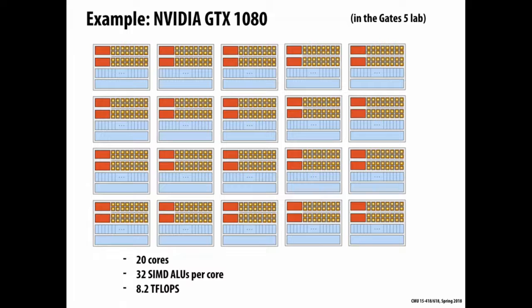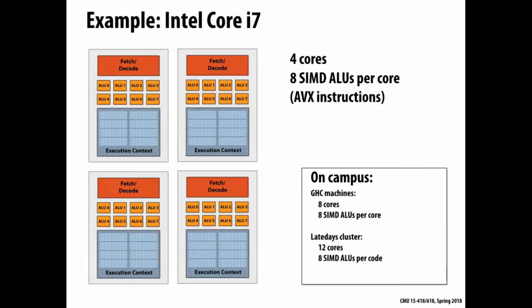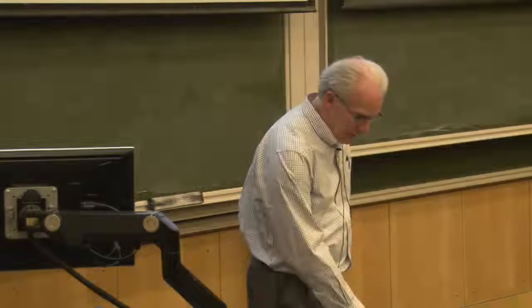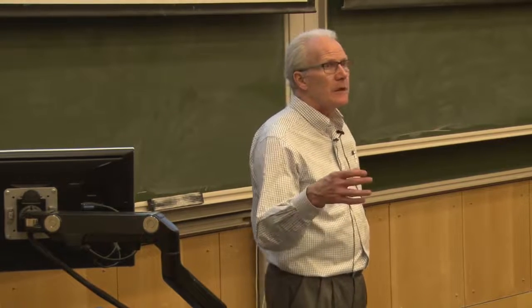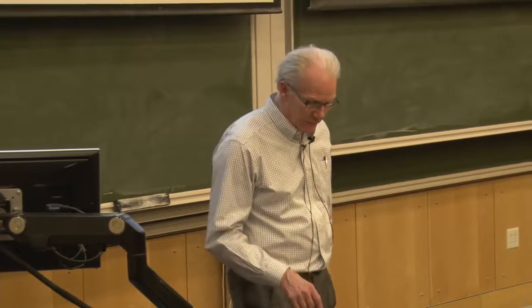A Xeon, if you max this out, let's see, you can go a couple of gigaflops a piece times 8, say 20 per core times 4 cores is less than 100 gigaflops, whereas we're talking potentially 8 teraflops out of the NVIDIA.